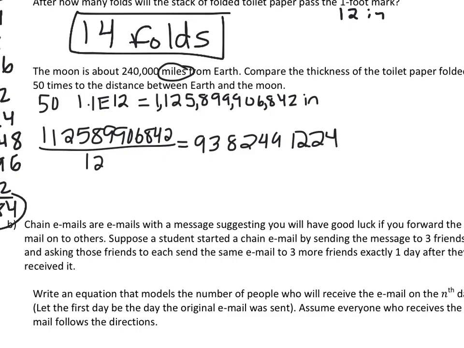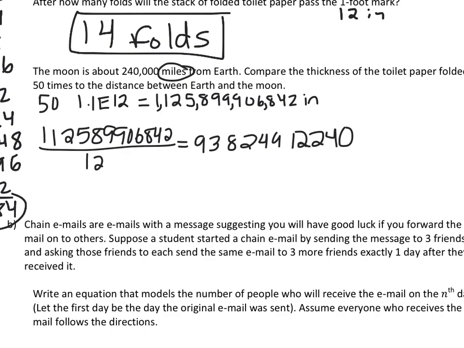Now in the calculator, let me just go there real quick. If we were to type this in, 1,125,899,068,42 divided by 12, we actually get this number times 10 to the 10th, which means we have an extra digit there.